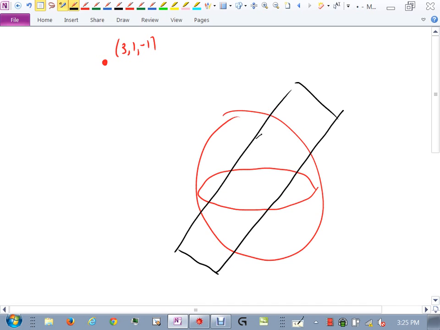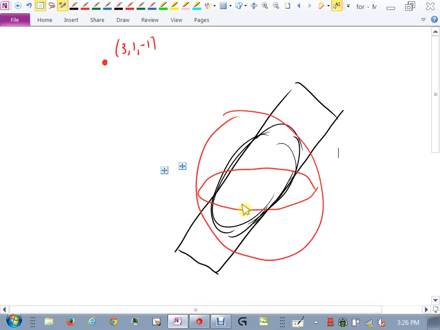Where that plane would intersect that sphere would make some sort of elliptical shape. So we have a plane equation, a sphere equation, and our point. Where the plane cuts through the sphere, it would create a curve, and we're looking for the point on that curve that would be furthest and closest. So now we have two constraints: the sphere's one, the plane's the other.